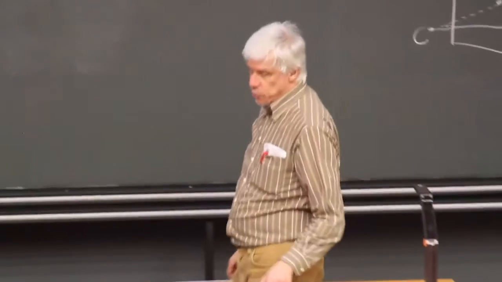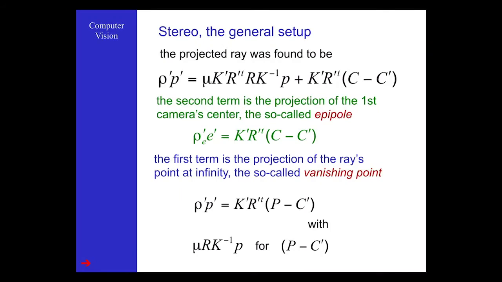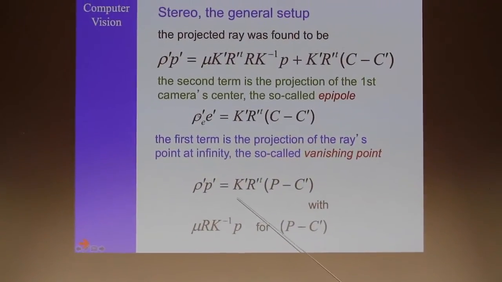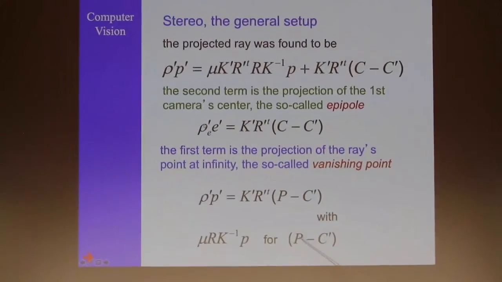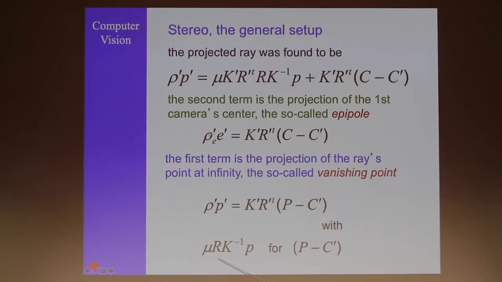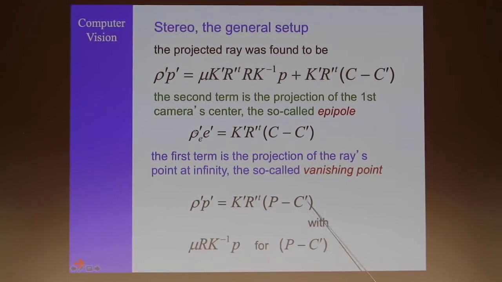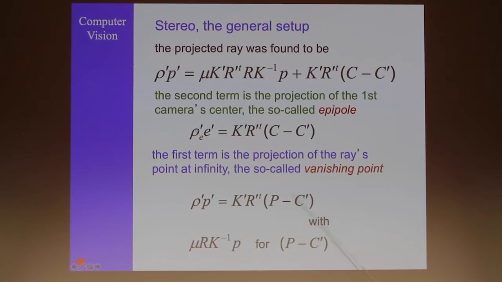So let's continue. So I said what we have here is a projection of the second camera, but now instead of p minus c prime, we have this directional vector plugged into this equation, replacing this difference.